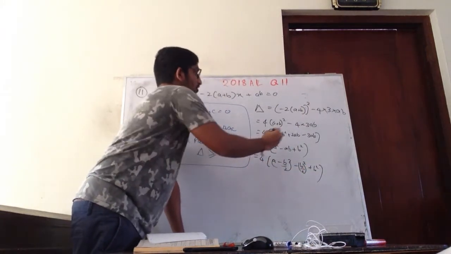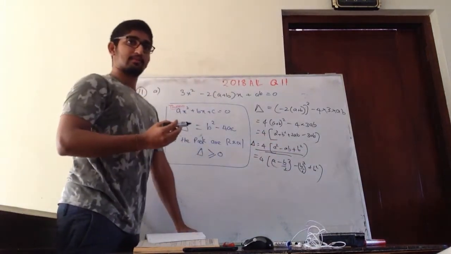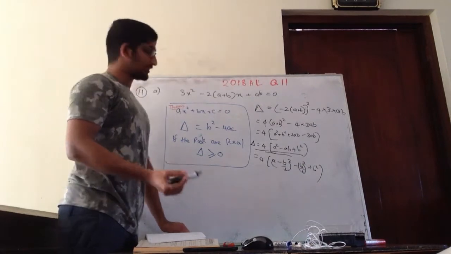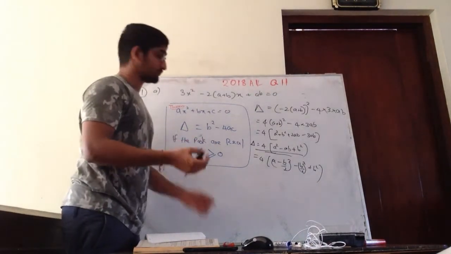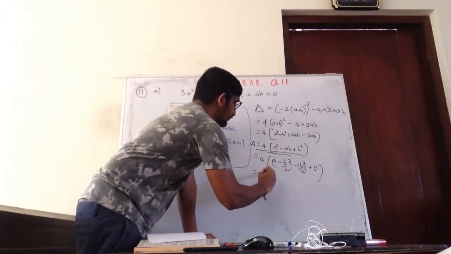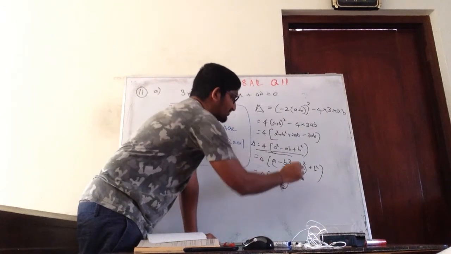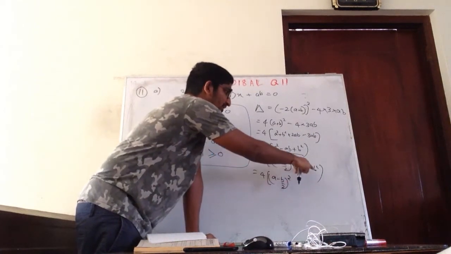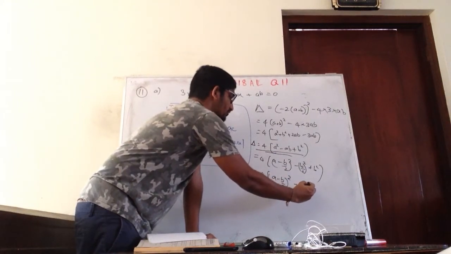So now basically when they are asking delta, we can write this as the answer, right? But now what they are asking is to show that the roots are real. So now here you will get 4 times (a minus b over 2) squared plus 3b squared over 4.